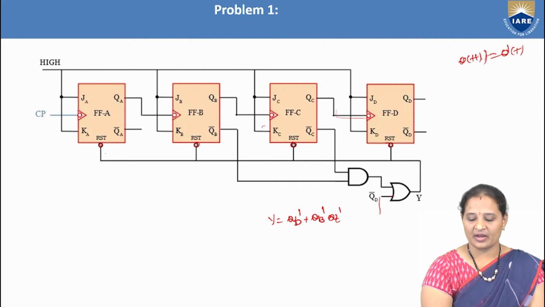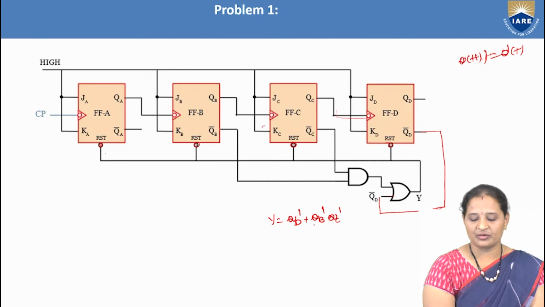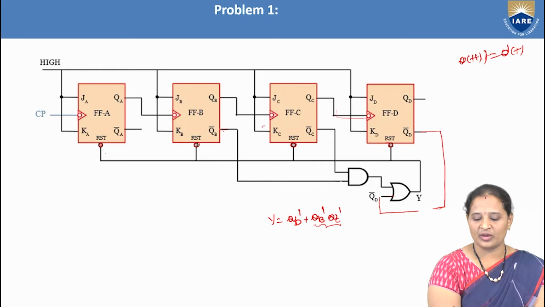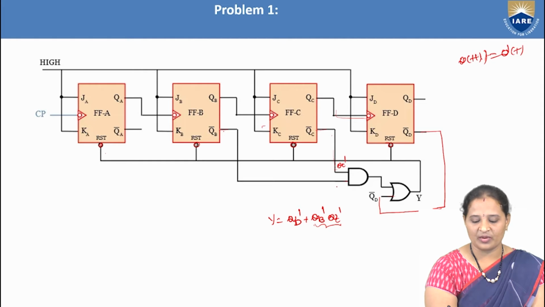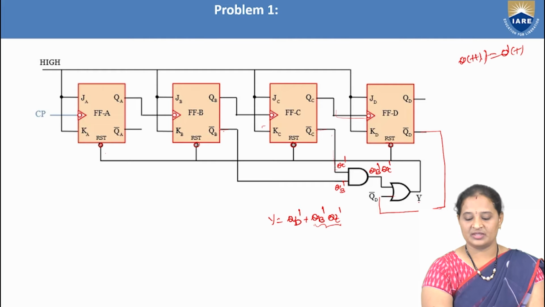So QD complement, I can take it from here. Whereas the other input to the OR gate is QB complement into QC complement. So I am taking QB complement and QC complement, giving them to an AND gate. So the output of this one is QB bar QC bar, plus QD complement. This is one.